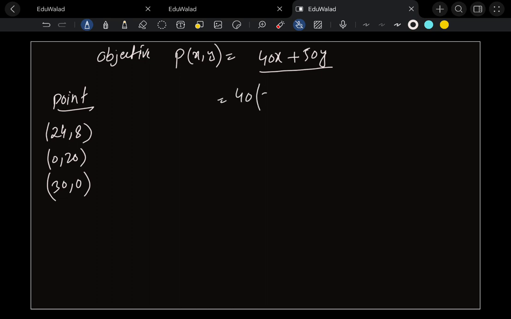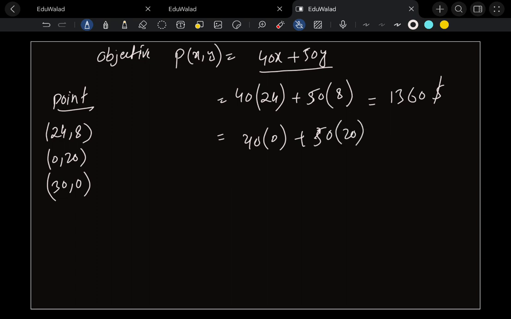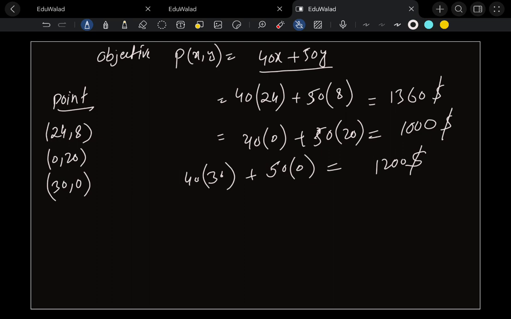So 40 into 24 plus 50 into 8 gives $1,360. Then 40 into 0 plus 50 into 20 is equal to $1,000. 40 into 30 plus 50 into 0 is equal to $1,200.